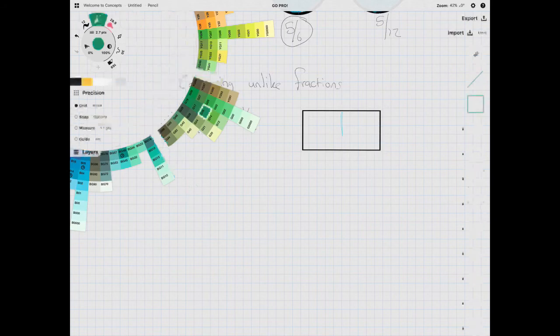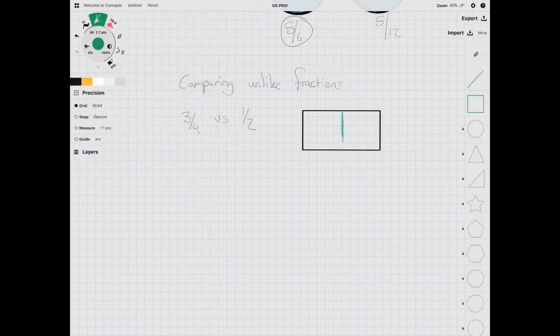A little green. So let's start off with a half, and we'll cut this right down the middle here, and that would be 1/2. And we can compare that to 3/4.